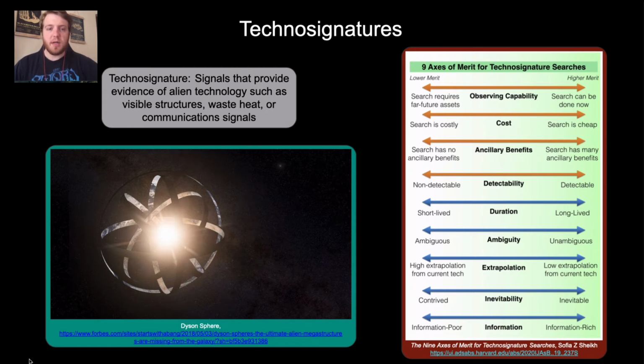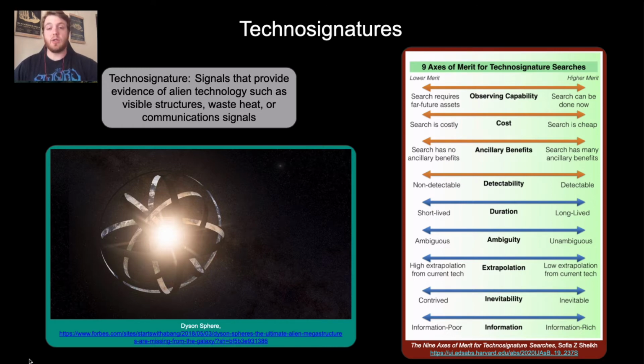All right, thanks, Mark. So we talked a lot in this talk, and I talked in the first part, about biosignatures. So these are signatures that come from organic processes. But we've also discussed, tangentially, the concept of technosignatures. As opposed to biosignatures, technosignatures are signals that provide evidence of some sort of alien technology.